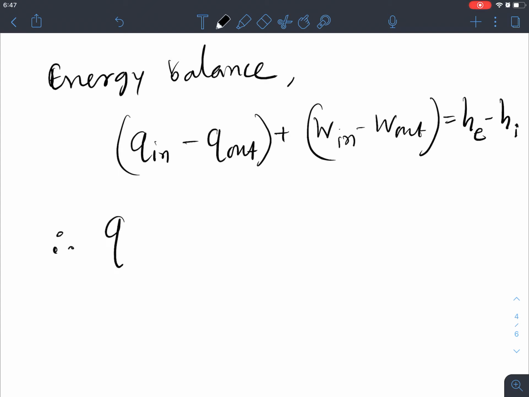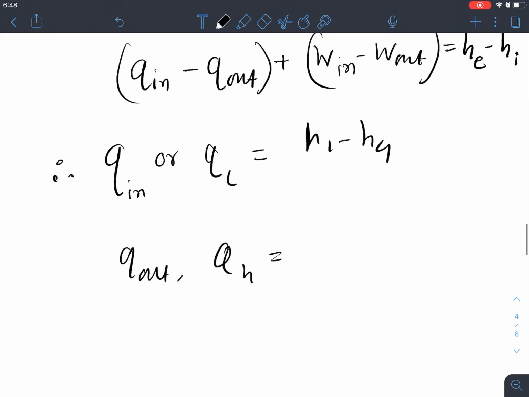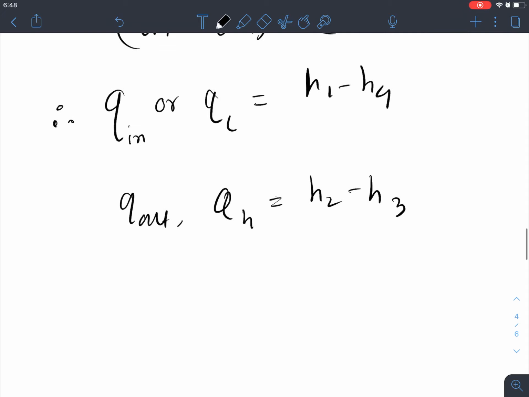However, QL, or Q in, equals nothing but H1 minus H4, right? And then Q out, or QH, the heat rejection, is H2 minus H3.